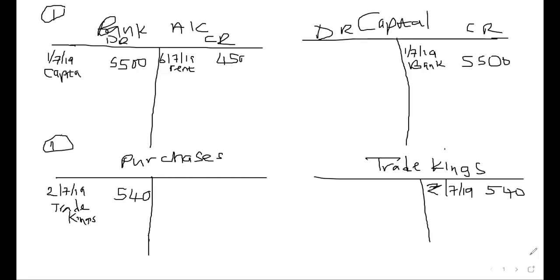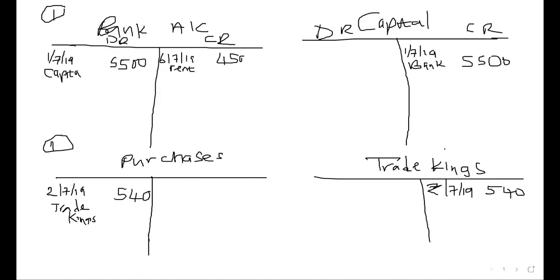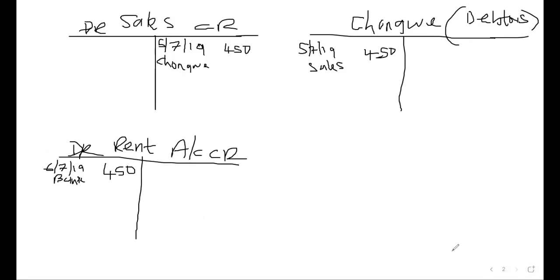This rent was 450. So it's on the debit. Rent account received, that's why we have put it on the debit. Debit the receiver, credit the giver. So the bank gave away that amount.